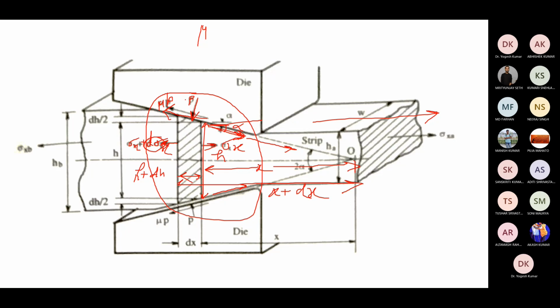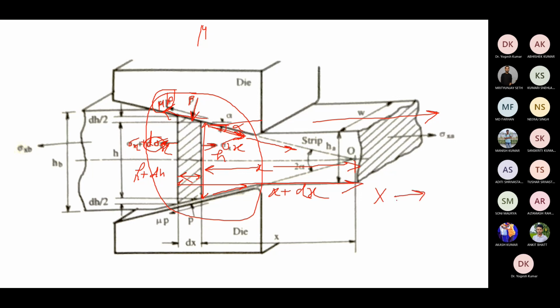So the pressure acting on the metal strip is P, and the corresponding stress will be mu P, which will be opposing the flow of your material through this deformation zone. So we will try to see the equilibrium of the forces. First we will see the equilibrium of forces in x direction.